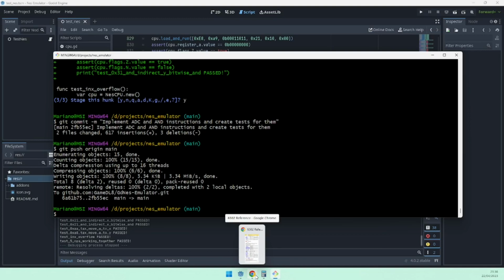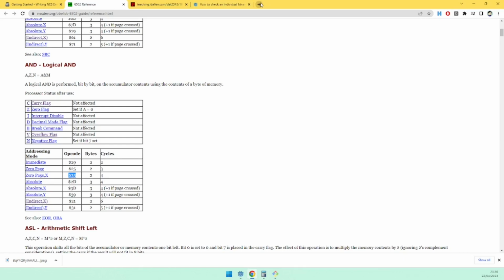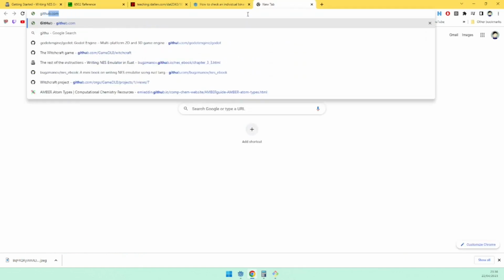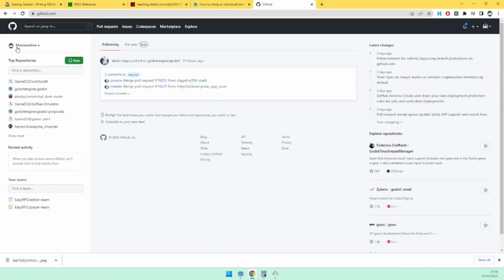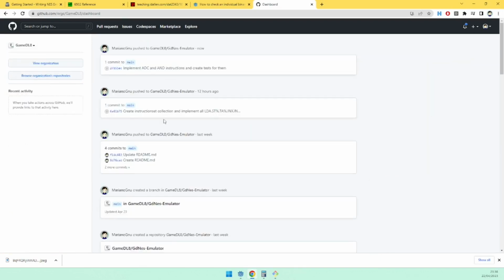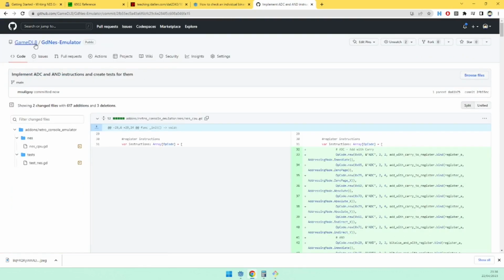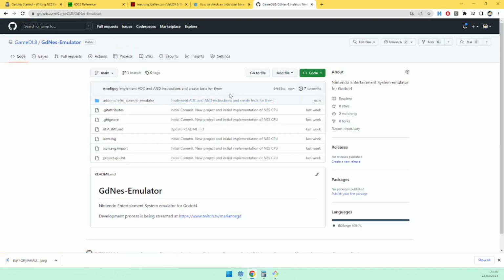If you want to check the code, you can look for it in GitHub. So I am uploading this to my studio repository, and it's called Game DLA. I'm going to put this in the chat.